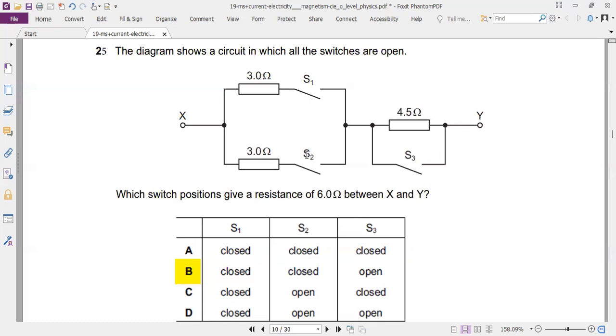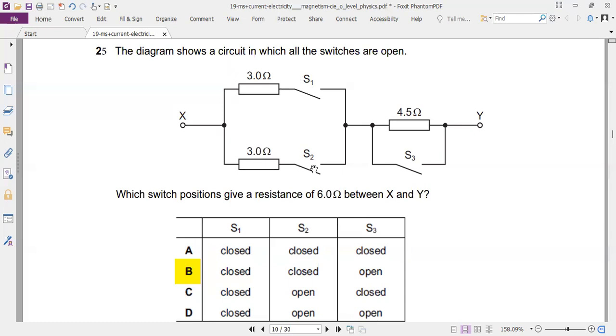Remember, we have left S2 and S3 open, just close S1. The total resistance becomes 7.5. Take a note. Now, we close S2 as well.